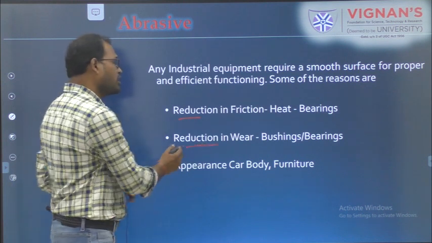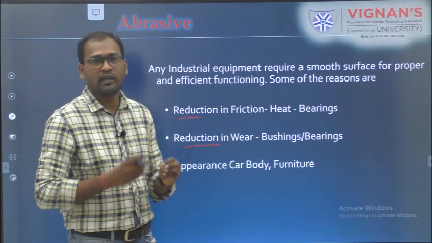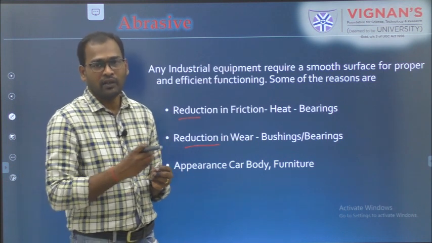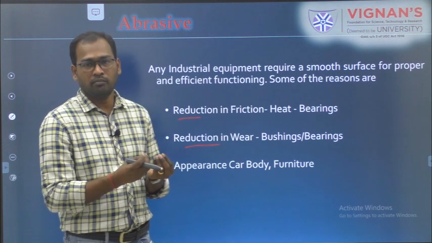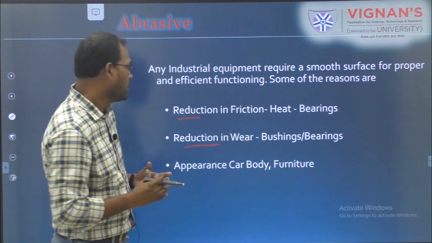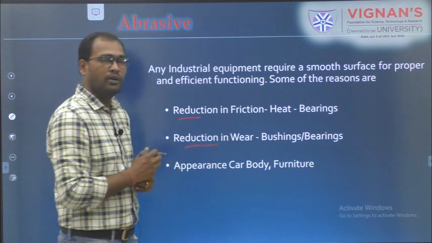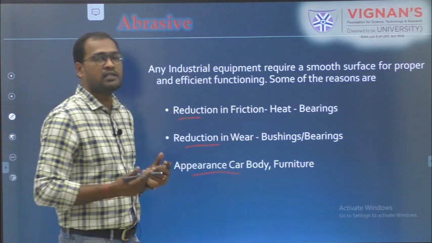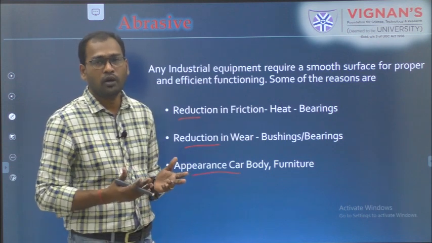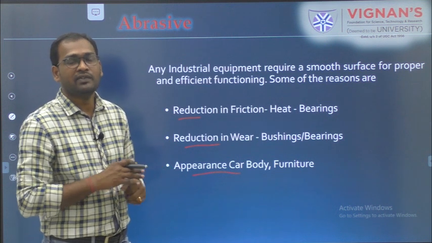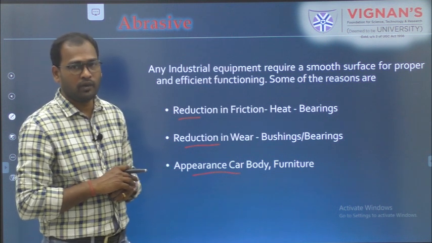Two, the reduction in wear: when the material starts working, there might be a chance of fine particles breaking off, which might lead to damage, and that will also happen if the material is not smooth. Three, the appearance, the aesthetic look of the material, will also be affected if the surface is not smooth.